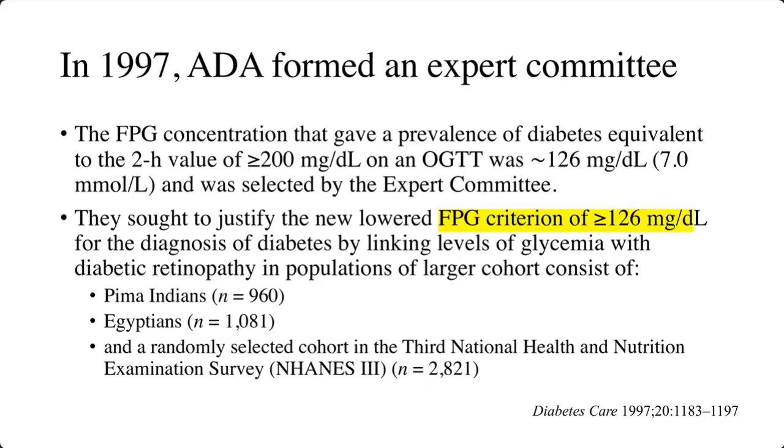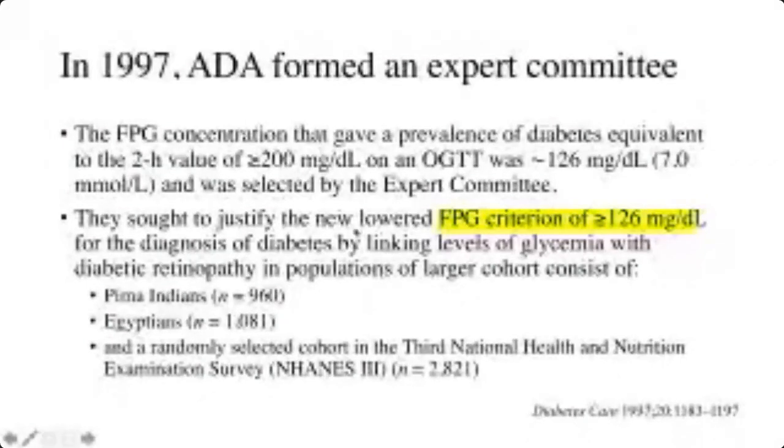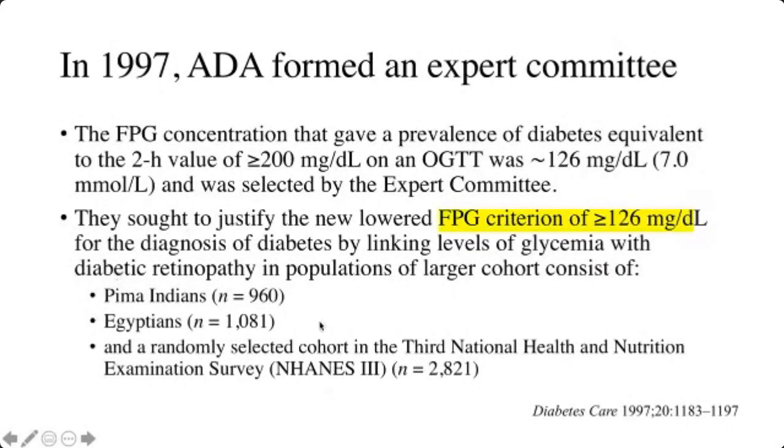And when they said fasting blood sugar more than 126, they again got retinopathy data from a different population with a larger cohort. They had almost 4,000 individuals, and 5% of them developed retinopathy at 126, and that's why it was taken as a criterion for diagnosis of diabetes mellitus. So since 1997, the fasting blood sugar was lowered from 140 to 126 or more.